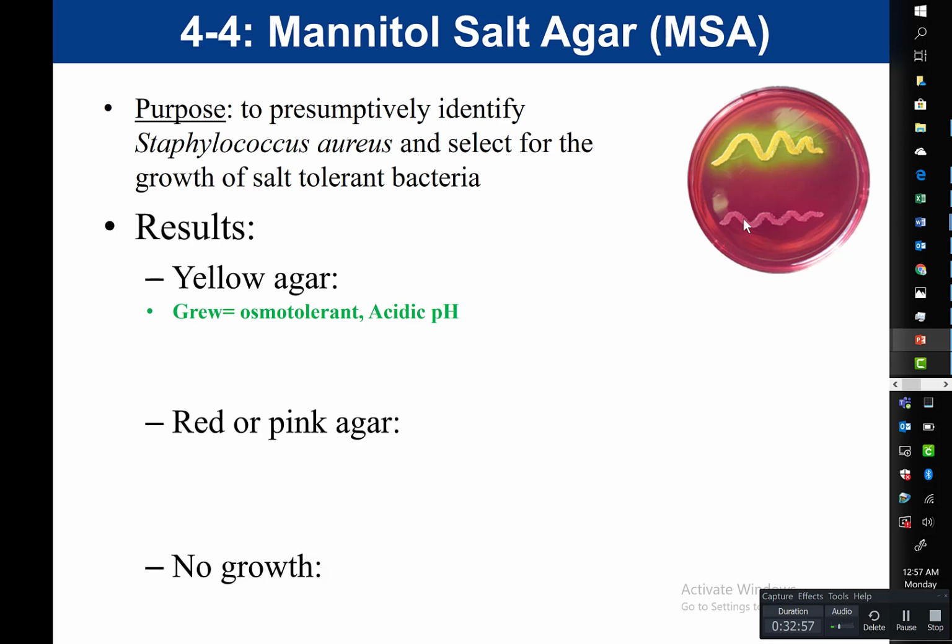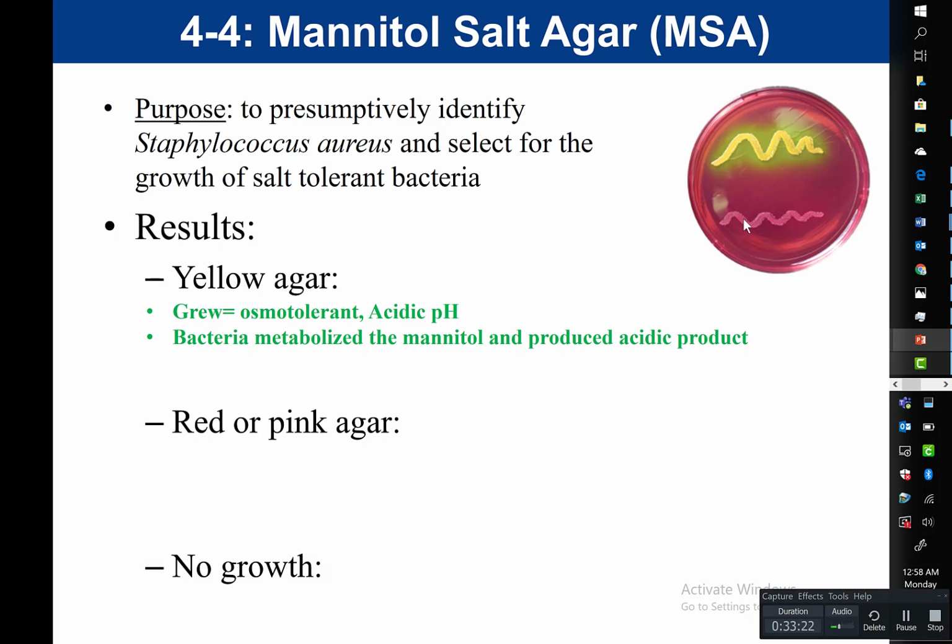So let's think about what would make the pH become acidic. And the answer is that the bacteria metabolized the mannitol. It used the mannitol for food. And remember that when we use sugar, it's going to produce acidic products. Those acidic products are going to lower the pH, and it's going to cause the phenol red to turn yellow.